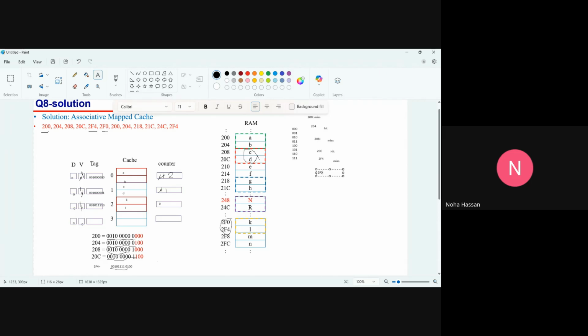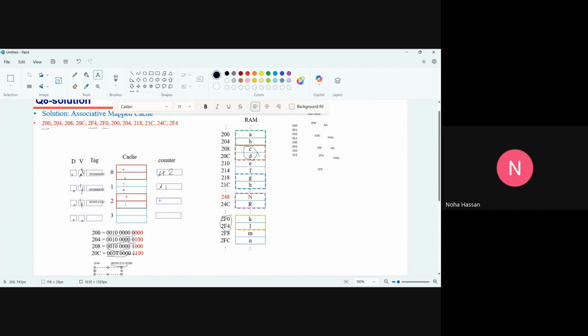2F0. Okay. So 2F0, what is the tag for 2F0? Okay, so let's write this down. Its tag will be equal to, I have zeros, 1, 2, 3, 4.